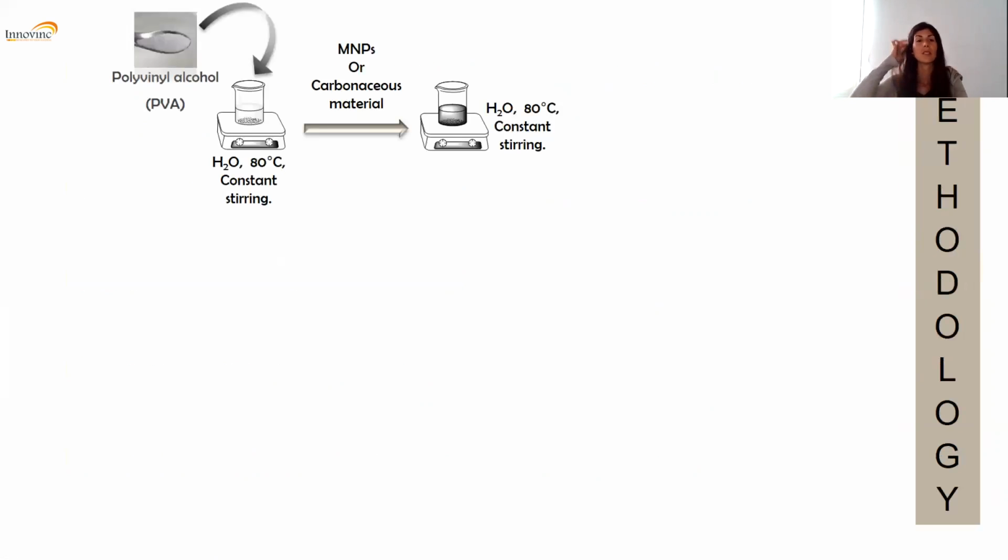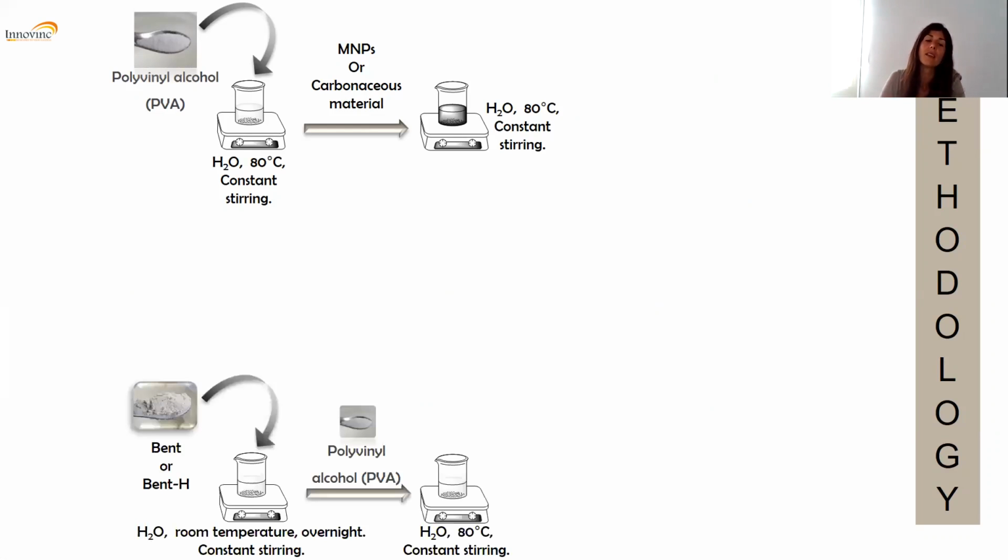Regarding the methodology, firstly, we have to prepare a PVA solution by heating and stirring it, and then once the solution is prepared, we incorporate different amounts of magnetic nanoparticles or carbonaceous materials, keeping constant stirring to generate a suspension. In the case of using clays as a sorbent material, we firstly have to swell the clay overnight at room temperature.